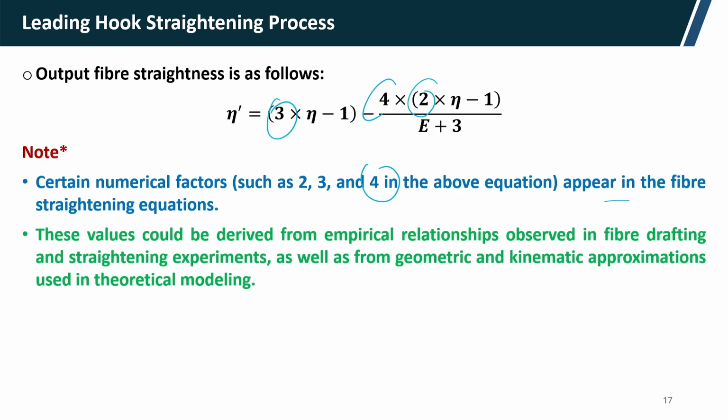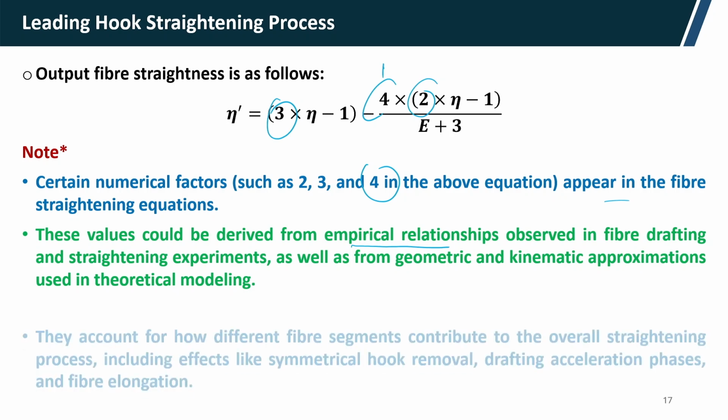These values could be derived from the empirical relationship. They are actually derived from the empirical relationship observed in fiber drafting and straightening experiments. So through experiments we can get these approximate values.